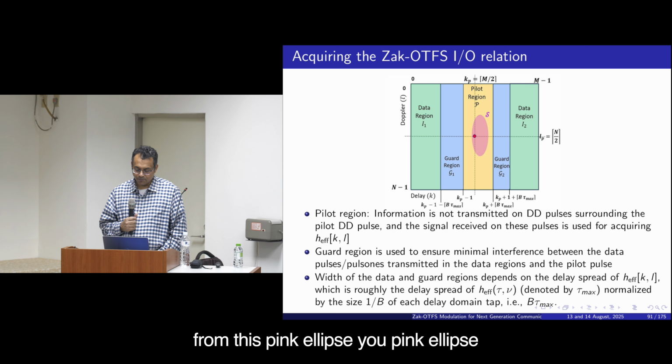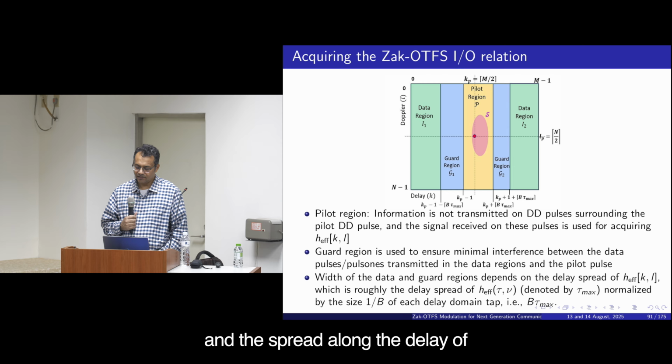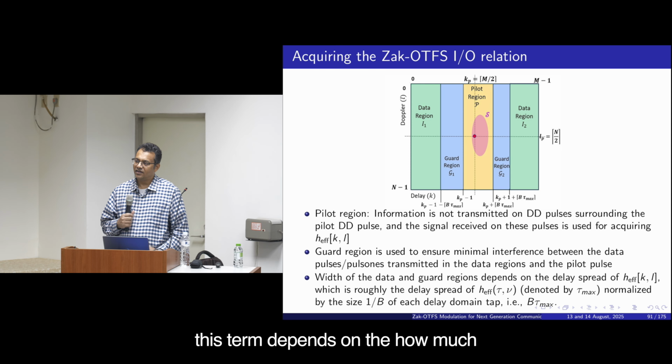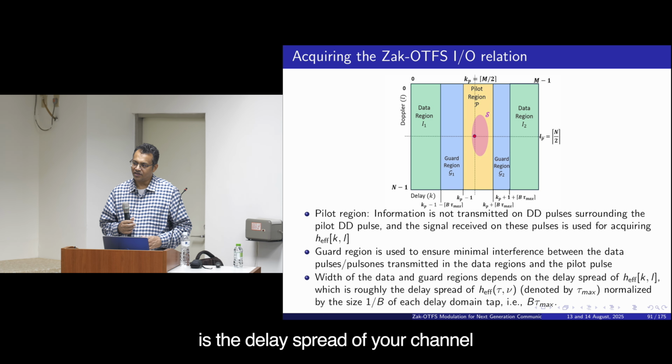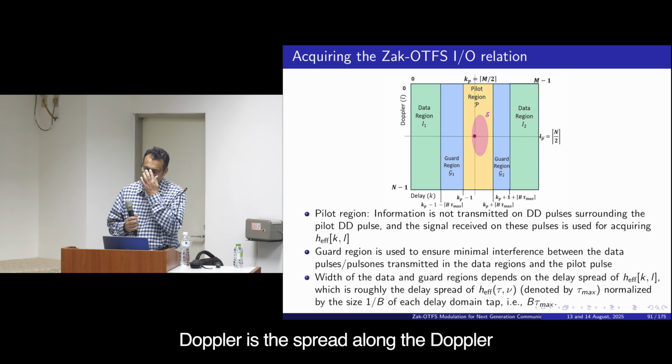And so, this pink ellipse will basically give you this term, right. And the spread along the delay of this term depends on how much is the delay spread of your channel, right. And similarly, the vertical spread along Doppler is the spread along the Doppler, right.